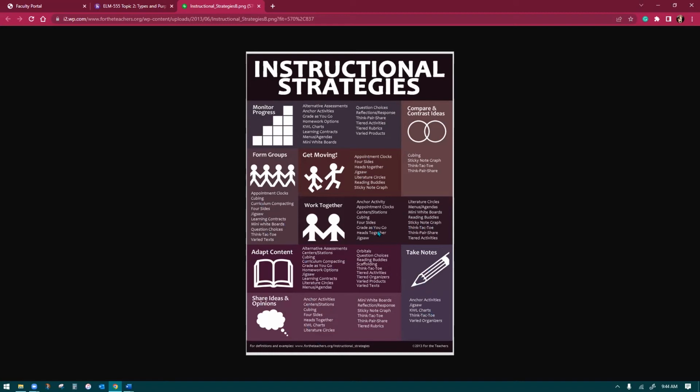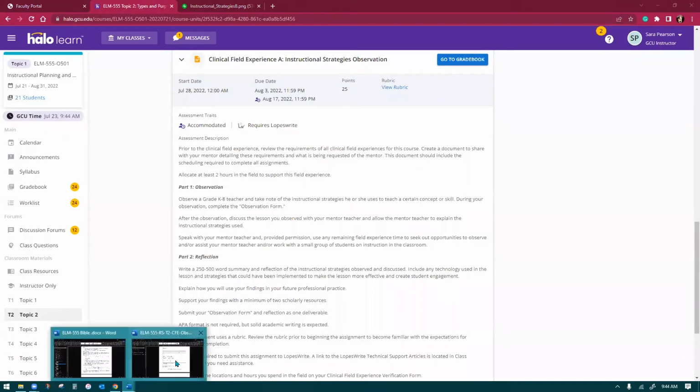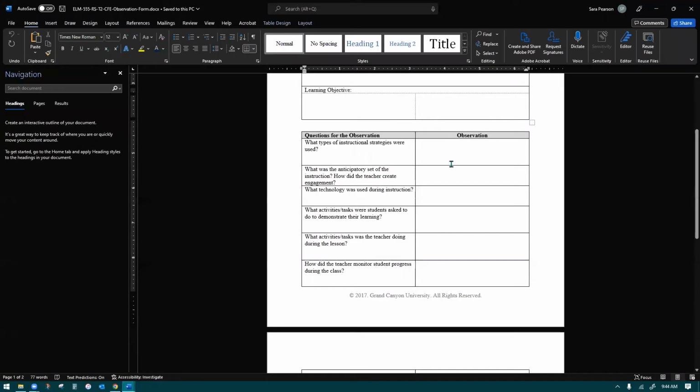All of these are examples of instructional strategies. So you're just going to take note of those strategies that you observe the teacher using. Sometimes they're so seamless that you don't even notice what the teacher is doing. So try to really push your thinking on what they're doing at any moment of time.